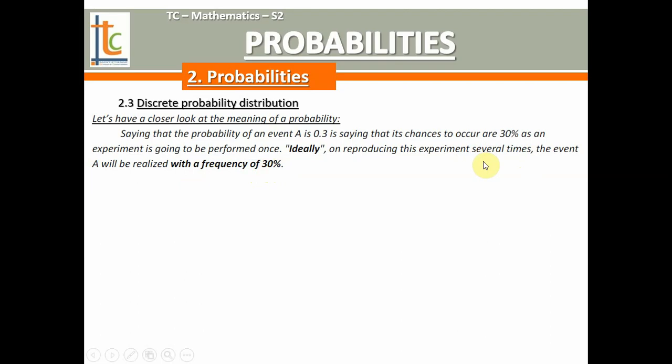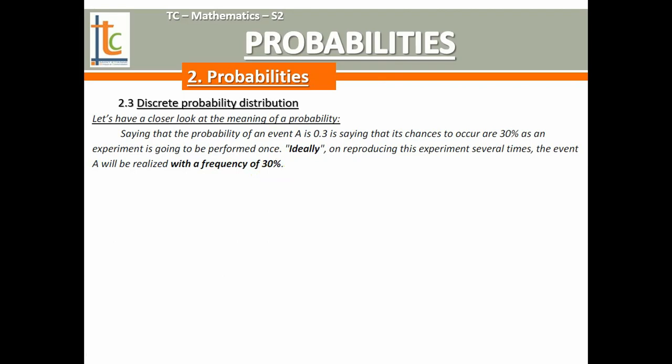A large number of attempts of your experiment, or you can say of trials. What does this ideally mean? It's an average. A probability is an average. On average, you can expect that the event A will be realized in 30% cases.